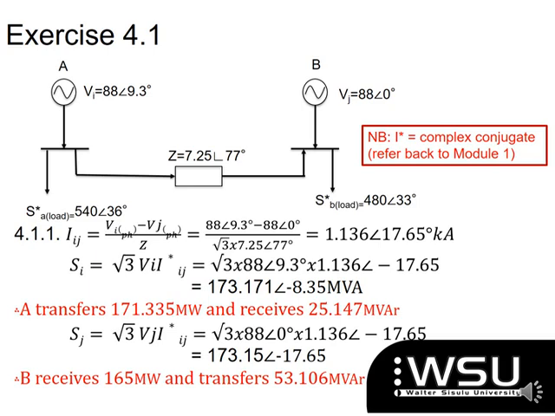I do exactly the same maths on it, and I can deduce from this amount that my B receives 165 megawatts from A, and it transfers 53.106 MVAR towards my A substation.